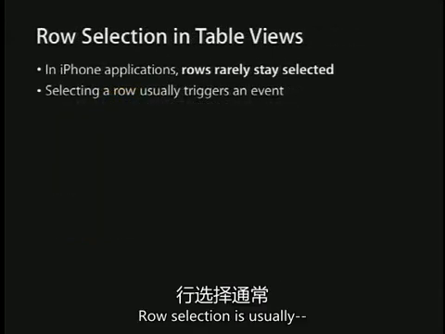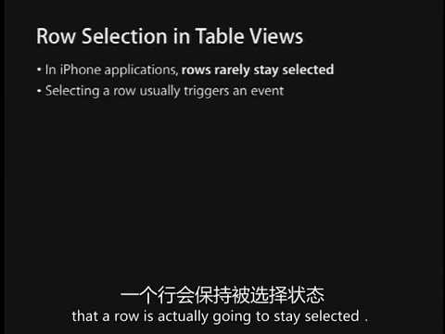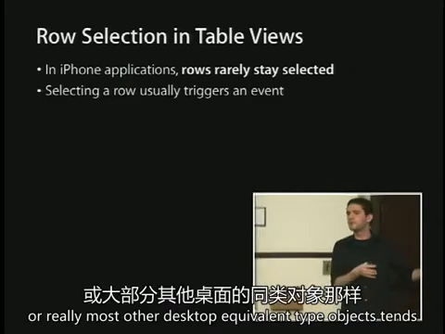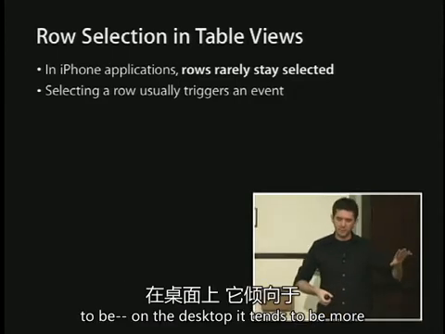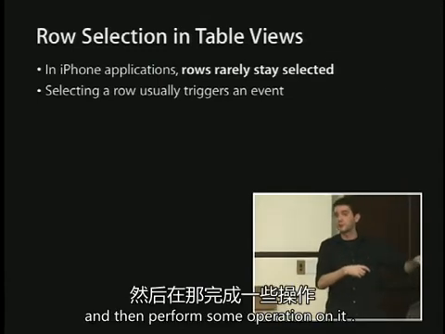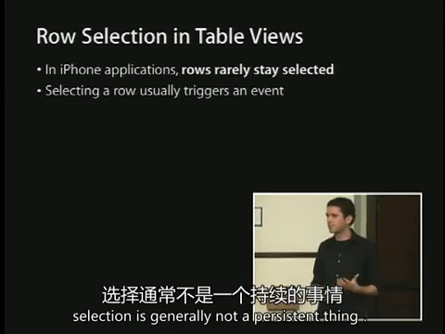Row selection is usually, as we just said, something that's going to trigger an event. It's pretty infrequent that a row is actually going to stay selected. Selection in a UITableView, unlike selection in NSTableView or really most other desktop equivalent objects, where it tends to be more of a persistent thing, you would select an object and then perform some operation on it. On the iPhone OS with UITableView, selection is generally not a persistent thing.